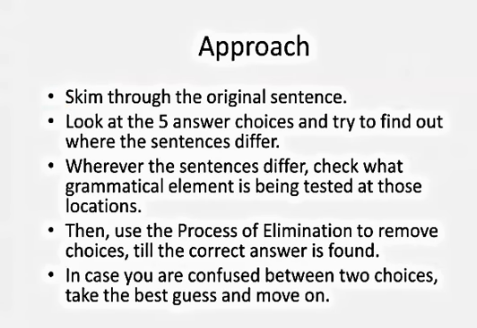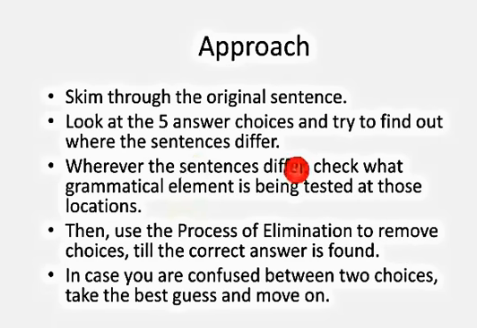First, you get an original sentence. So just skim through that sentence and realize that, okay, this is the sentence. Don't look for mistakes right there and then. Instead, you look at the 5 answer choices and try to find out where those sentences differ. By differ, I mean there would be at least 1 or 2 spots within those answer choices where there would be differences.